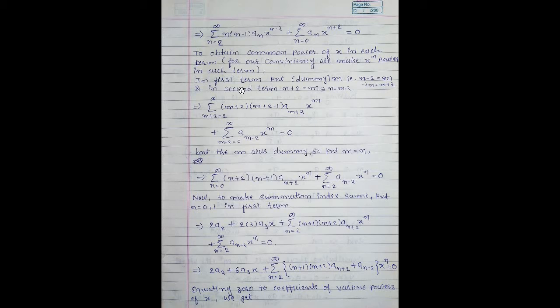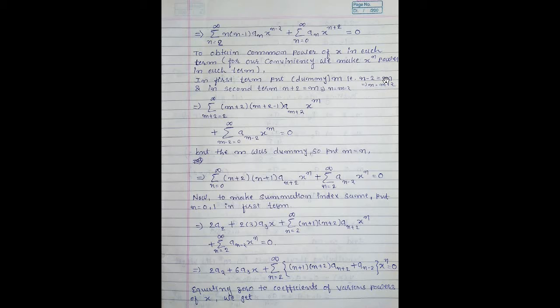So in first term put dummy m, that means we want here power of x is n, right? So we put n minus 2 is equal to m. Right? So we can write n is equal to m plus 2.